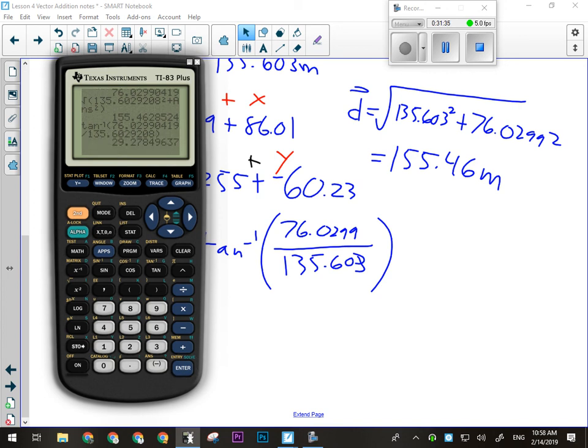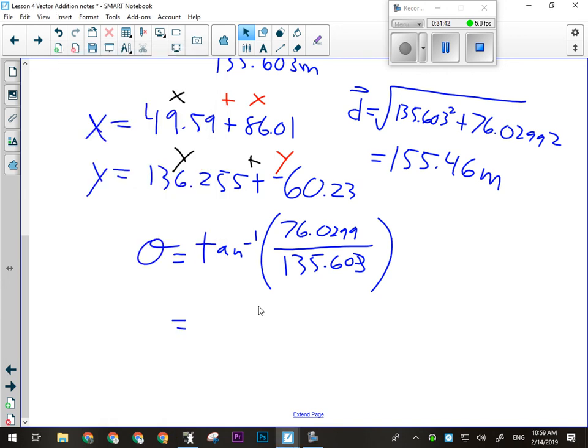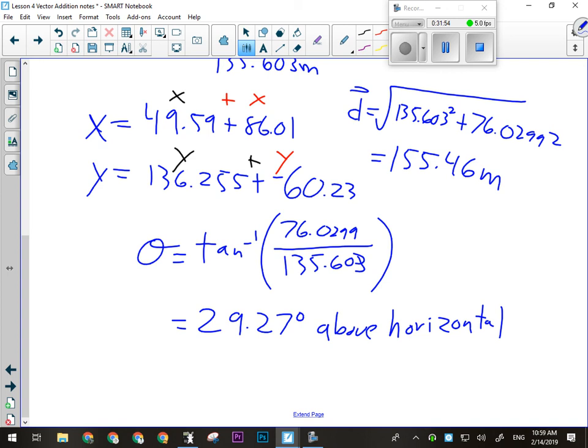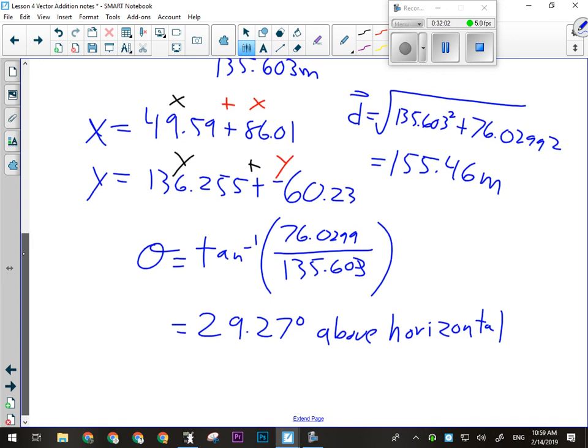All right, so it's telling me that the angle there is 29.27 degrees. And the only direction there is going to be the same one they gave me: above the horizontal. This doesn't have compass directions. I can't suddenly just apply compass directions. I wasn't given those. Okay, so now we got to check our significant digits.